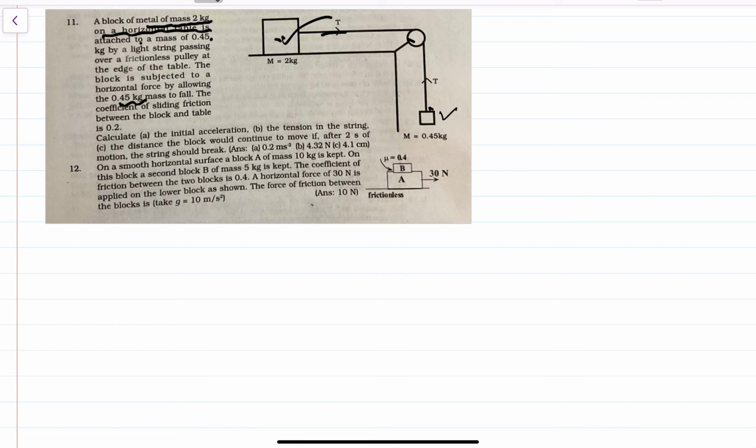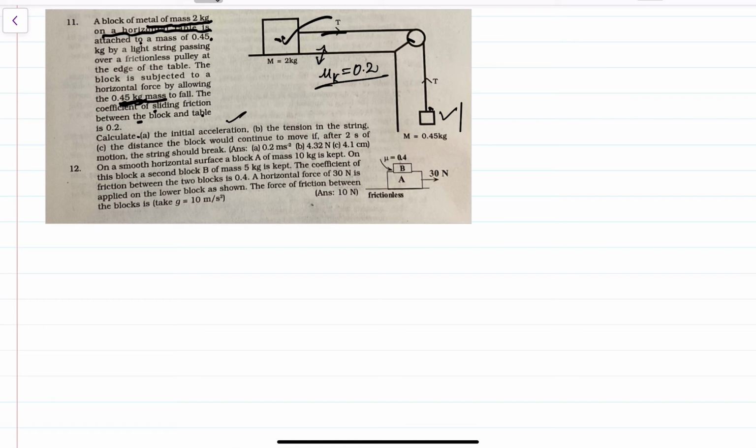allowing 0.45 kg to fall down. This should fall down. The coefficient of sliding friction between the block and the table is given as 0.2. So he is asking to calculate the initial acceleration.